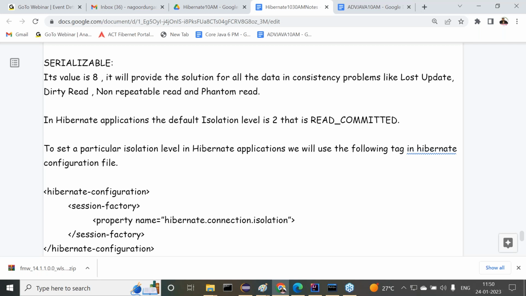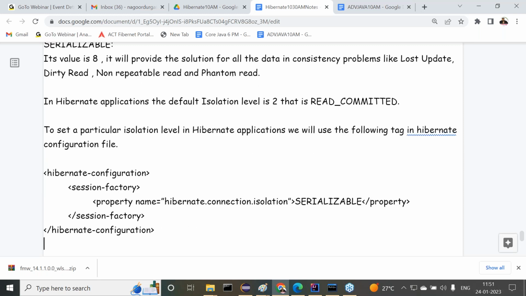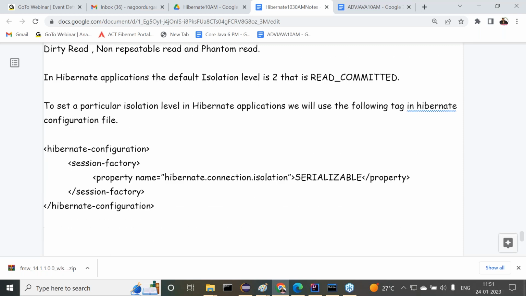There we have to provide the isolation level. Either we use the constant variable name directly, or we can provide its value directly, maybe 8 or something else. This is the way to set it. There is no need for any practical example here; this is quite a common thing. These are the isolation levels we have in Hibernate.